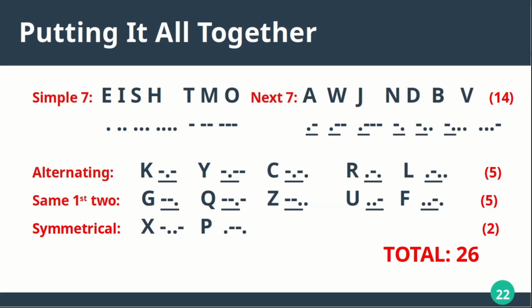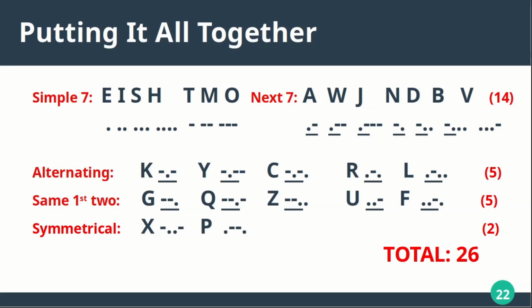Okay, so putting it all together. Those are all 26 letters. You have E, I, S, H, and T, M, O, which only use either a dot repeated 1, 2, 3, 4 times or dashes repeated 1, 2, 3. Those should be easy to remember.